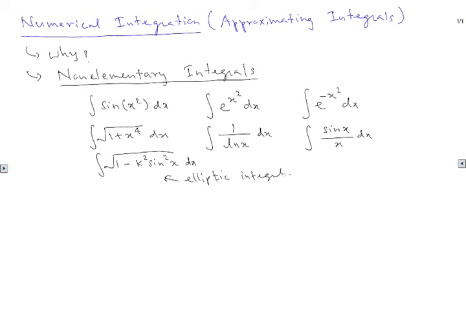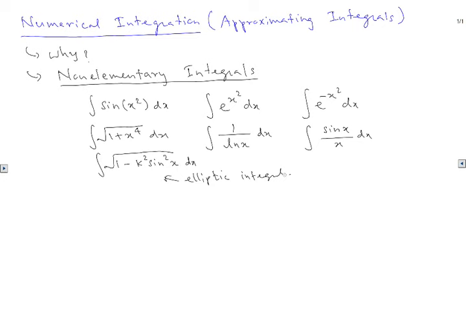So there are certain integrals, for example, the first integral appears in optics in physics, and the third integral appears in probability theory when you do a Gaussian or the normal distribution function. And the elliptic integrals appear in a lot of mathematical physics situations.